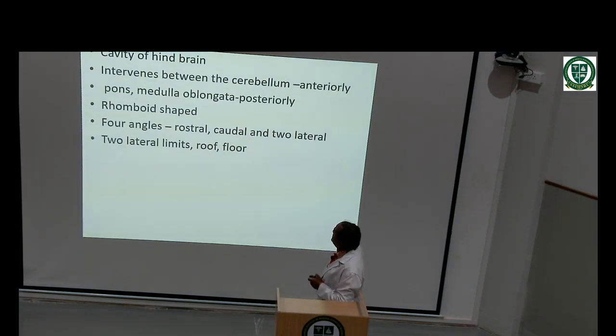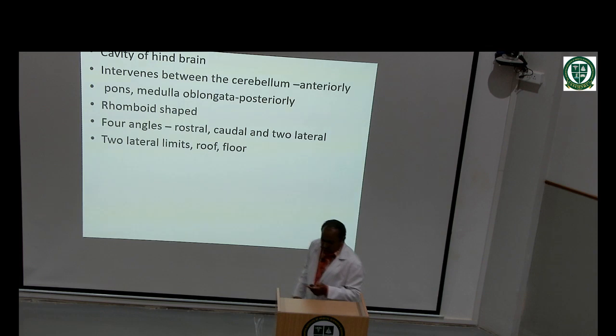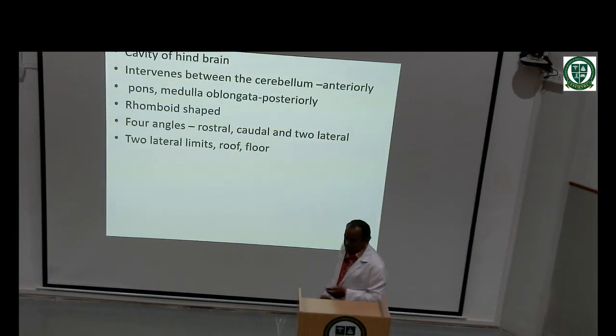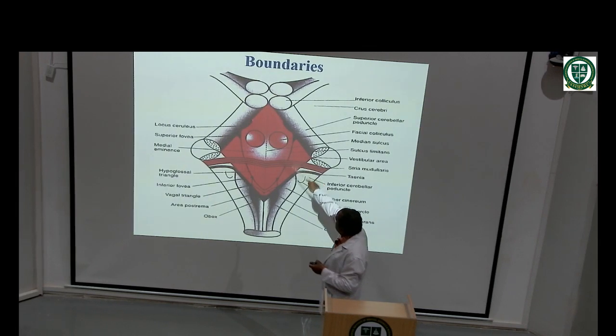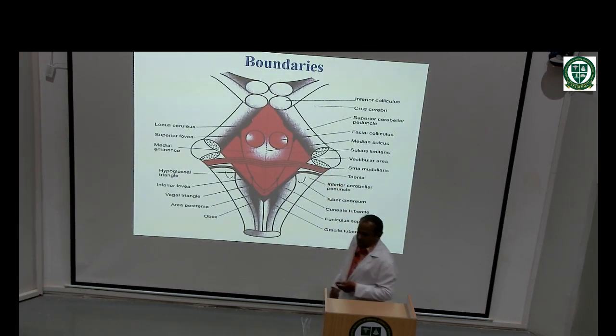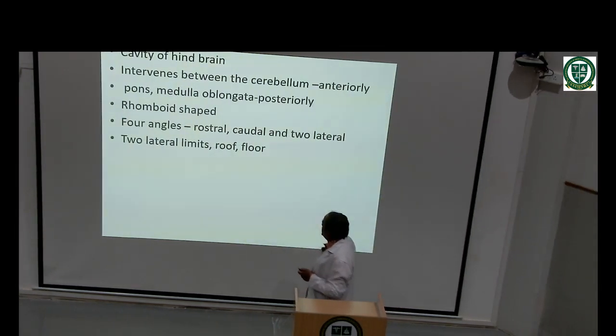It intervenes between the cerebellum posteriorly and the pons and medulla anteriorly. In cross section, if you remove the cerebellum in the horizontal section, it is rhomboid in shape. So here the cerebellum is removed, and it has 4 angles.